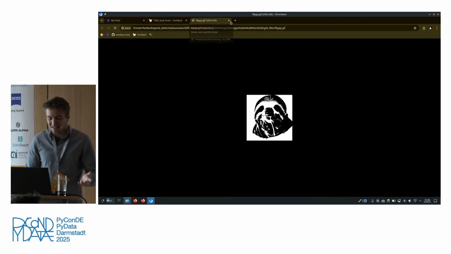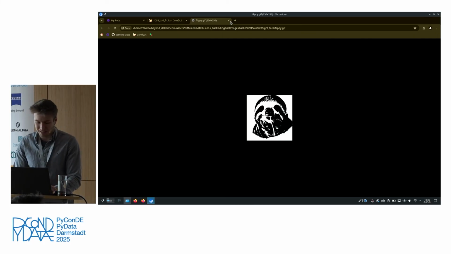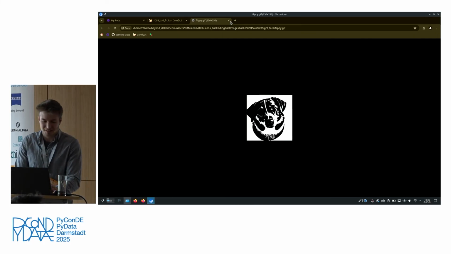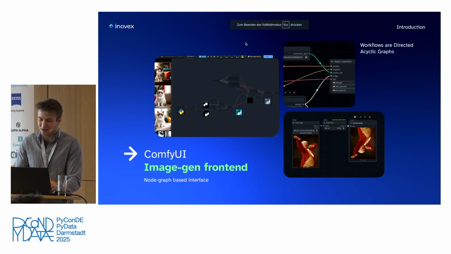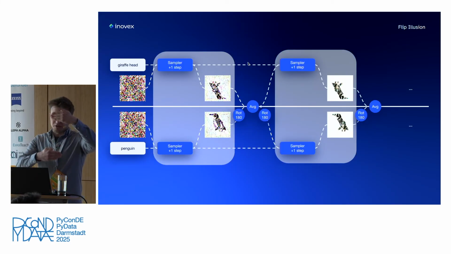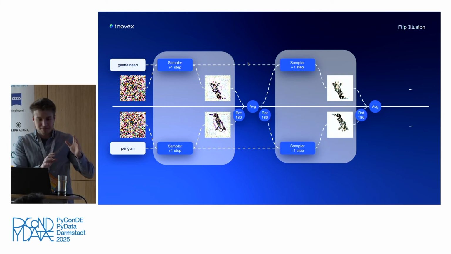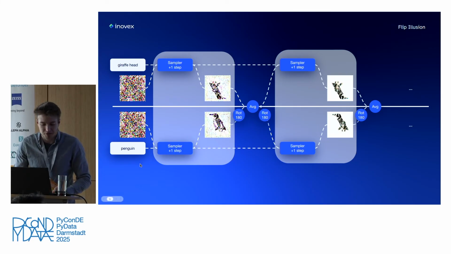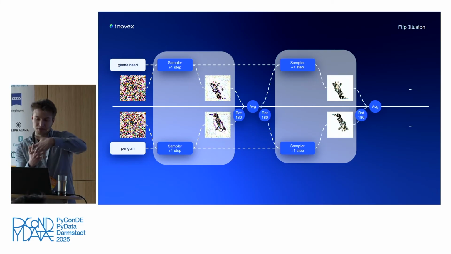But to really understand what's going on, I will quickly explain what's actually happening in this generation, because it's not that straightforward. Let's say we have two different generations. We start with the same noise, and then we do a sampler step, one with a giraffe head and one with a penguin. So they are completely independent from each other at first. It does one step, and then we take the latent that comes out of it and combine them together.